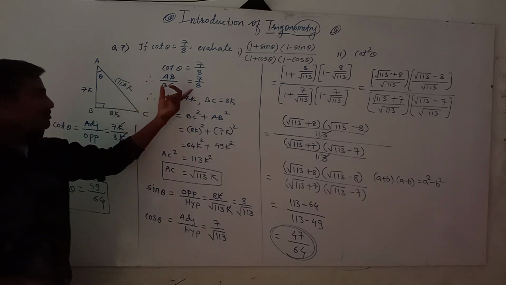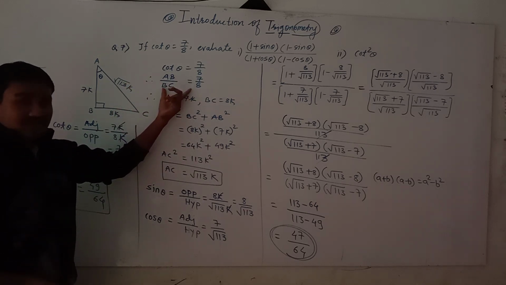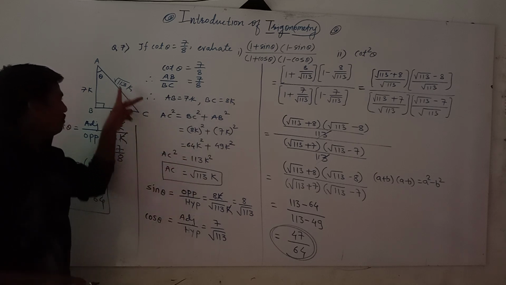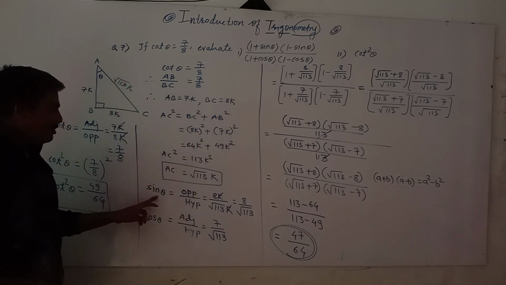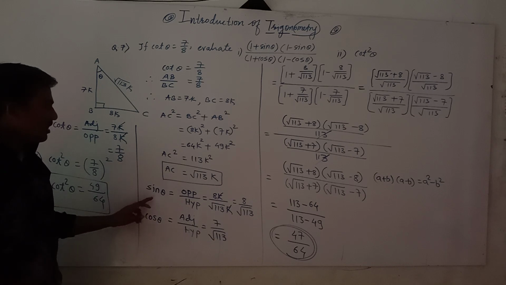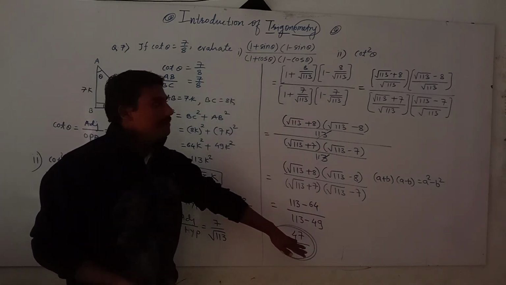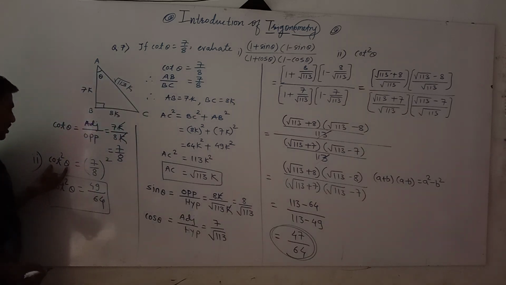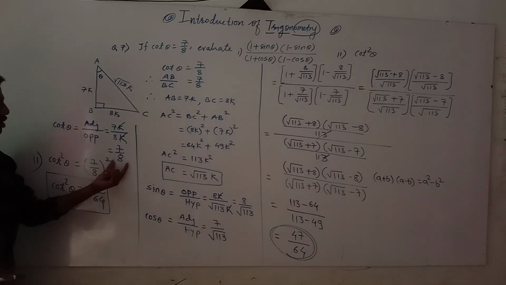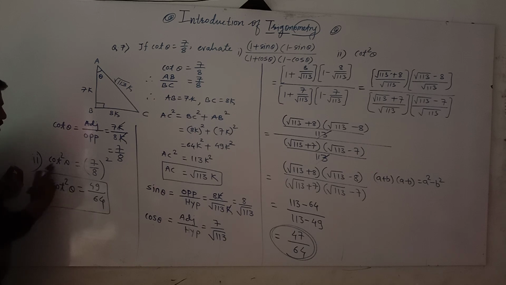First I used the definition, then by Pythagoras I calculated the third side, and using the definitions I found sin theta and cos theta, put them in and simplified. Second, I found cot theta using the definition, put in the value and squared it, and that is the answer.